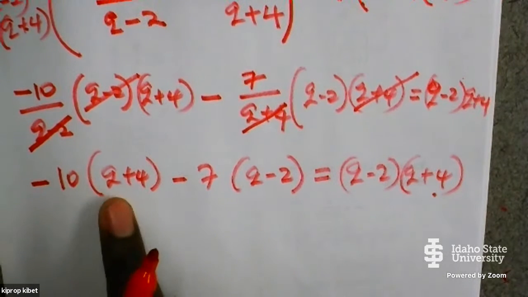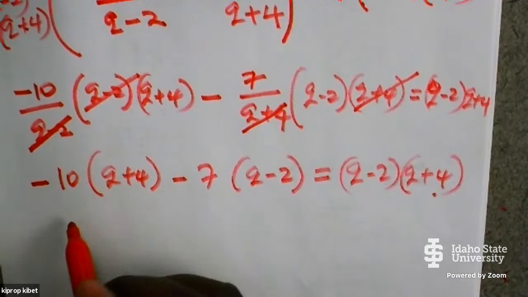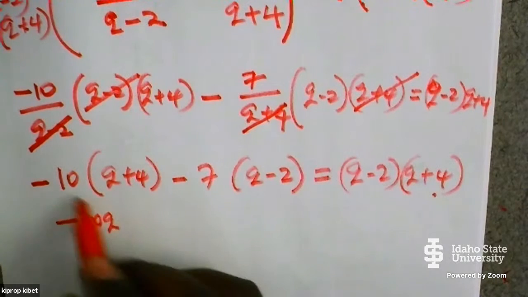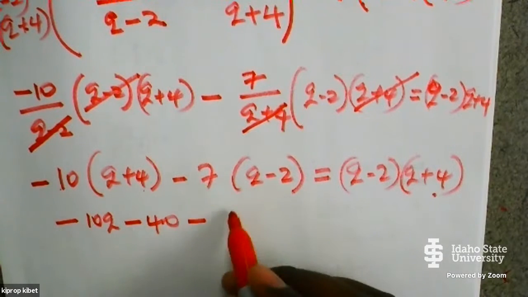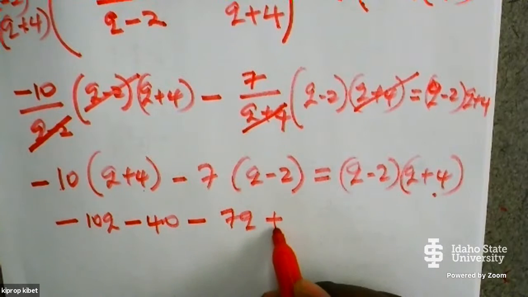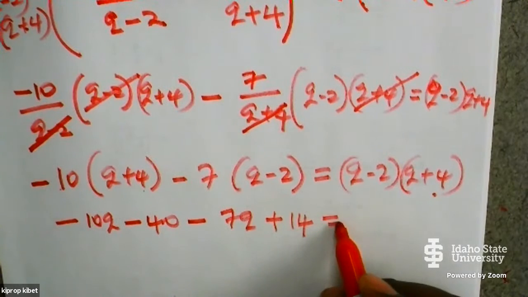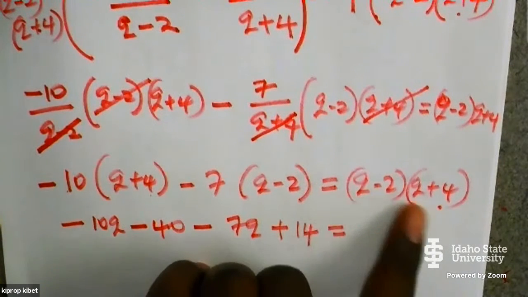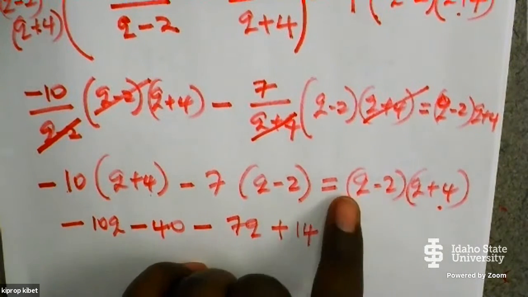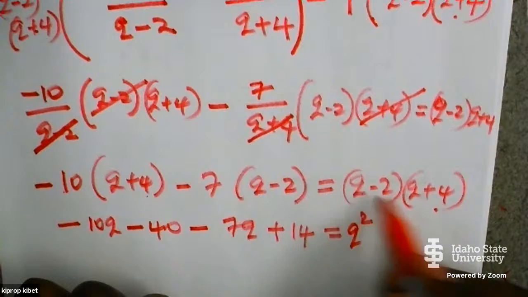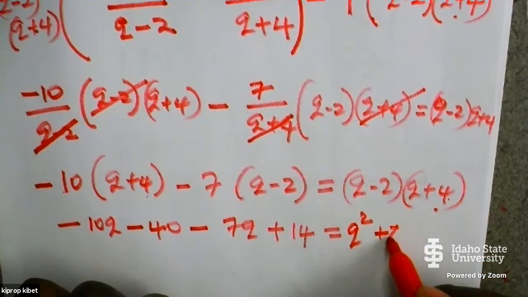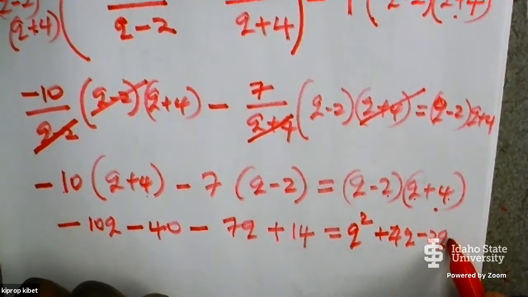So when you open these brackets, minus 10 multiplied by that, you get minus 10q, minus 10 times 4 is minus 40, minus 7q, plus what? 14, equals. So when you open these brackets, you multiply this one. So this and this will be q squared. This and this will be plus 4q. This and this will be minus 2q. And then minus 8.